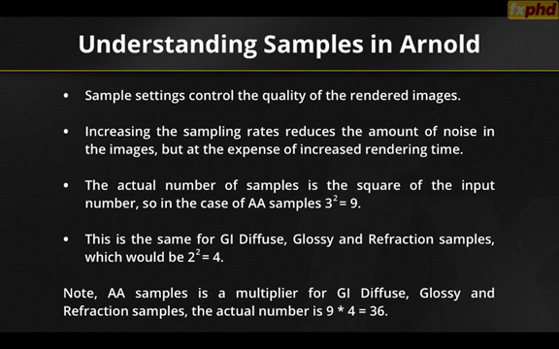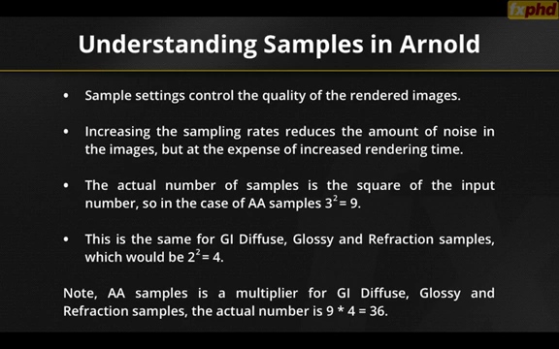Now, one thing also to remember is that the AA sample is a multiplier for the GI samples for diffuse, glossy, and refraction. So if you had, say, a GI diffuse of 2, which we know is a square, so that produces 4, and that will then be multiplied by our AA samples of 3, which is squared, which is 9.